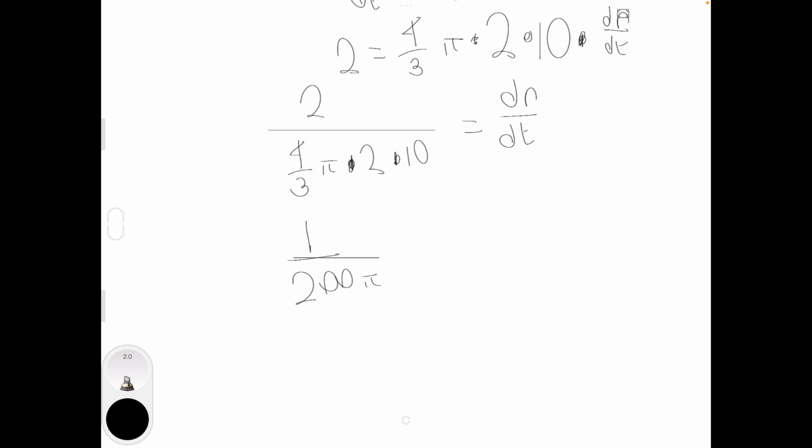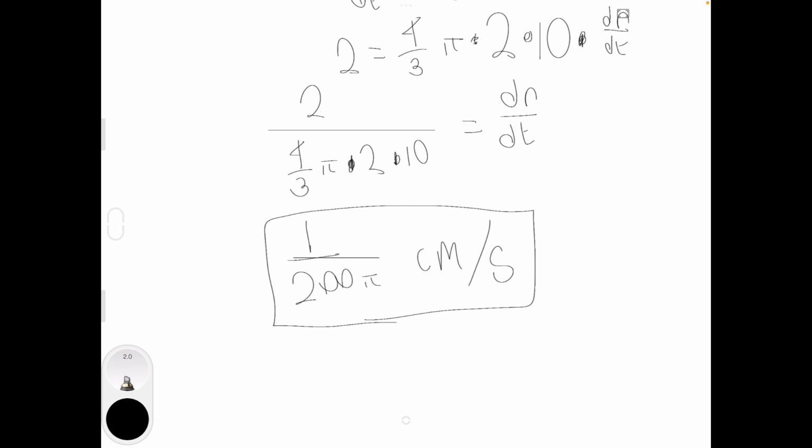But wait, we need our units. So in order to find our units, what's changing? Radius. So if radius is changing, we need centimeters. And it's changing, it looks like per second, because that's when the volume was changing. So our final answer should be 1 over 200 pi.